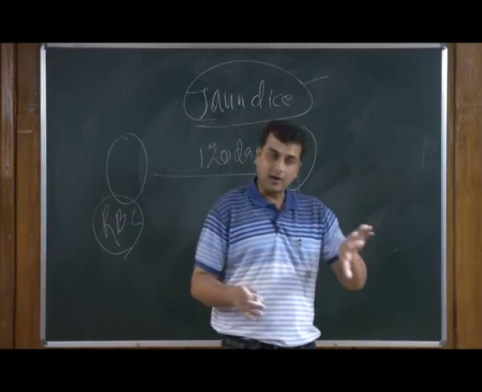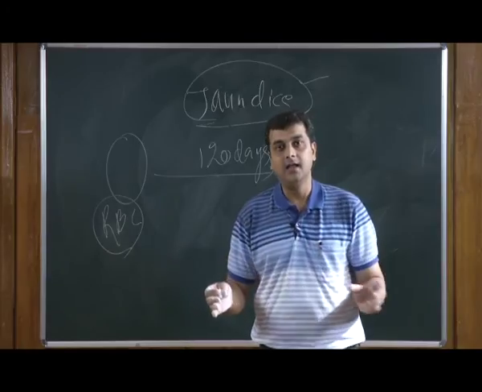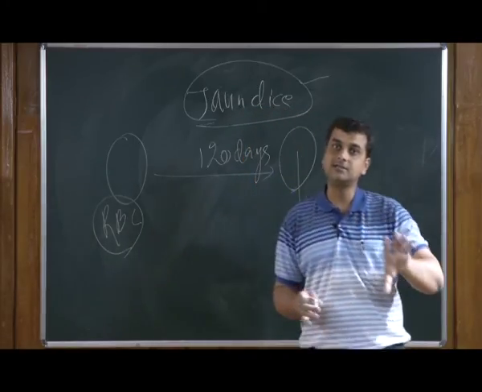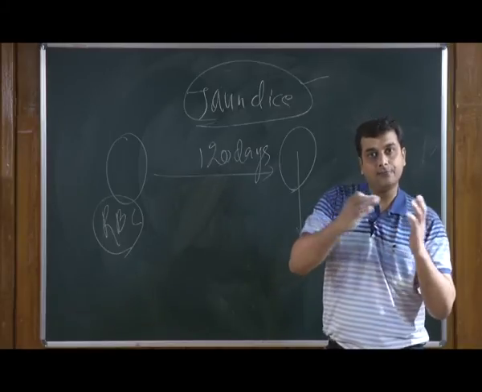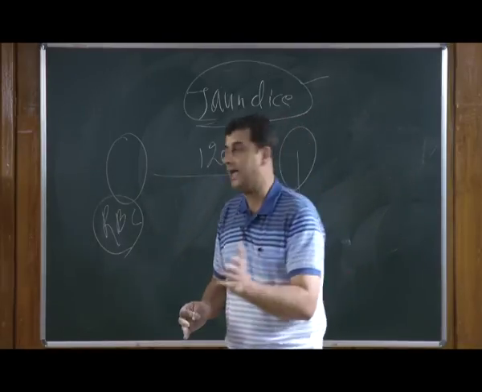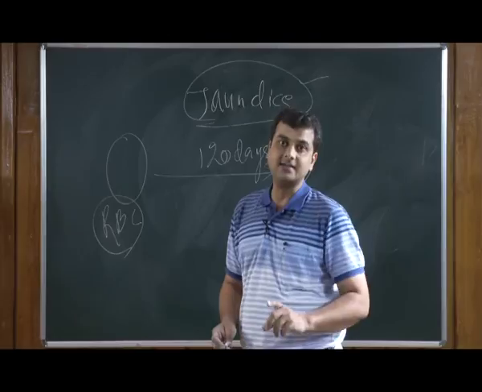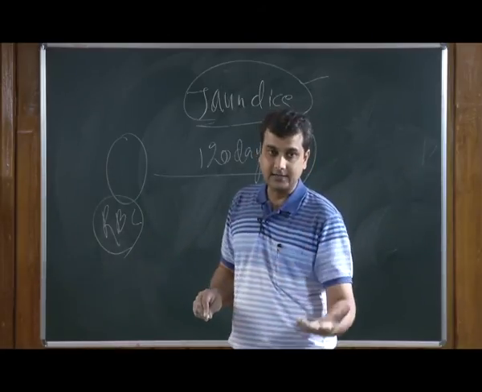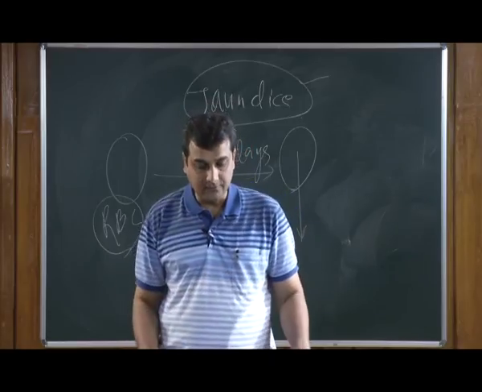That watery condition is called diarrhea. Rhea is what we know from rheology, a science which deals with the study of flow. Any flow in the digestive system we call diarrhea. So, diarrhea is related to the digestive system. Jaundice, we can discuss a little later, is related to the liver.